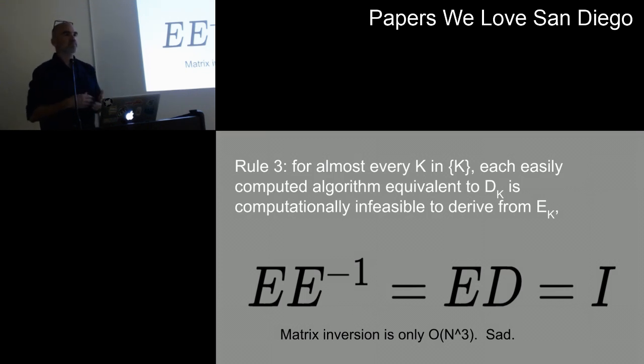If I give you my public key, it should be very hard for you to figure out my private key. That's the crux of any public key crypto system. That doesn't work for matrix multiplication because given a matrix that is invertible, which this has to be, it's relatively easy to find the inverse.